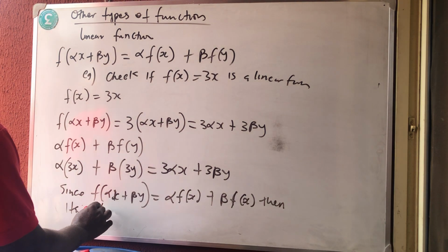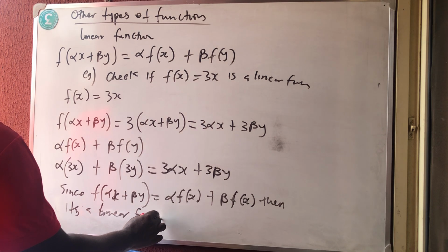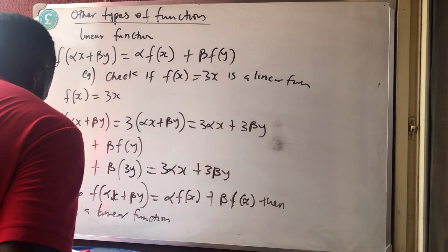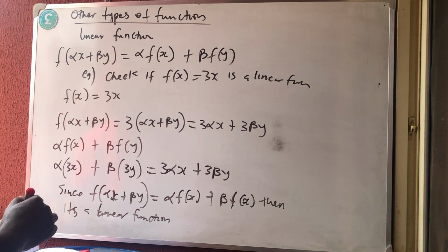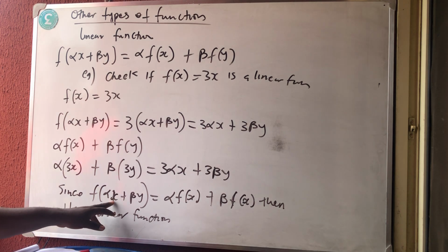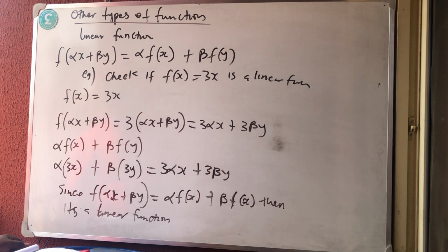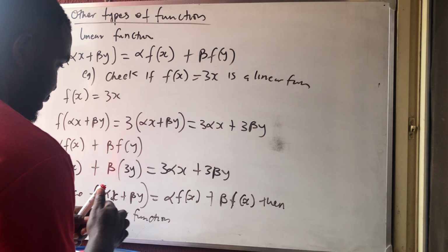So that is a linear function. Now if alpha and beta are 1, you call it additive.